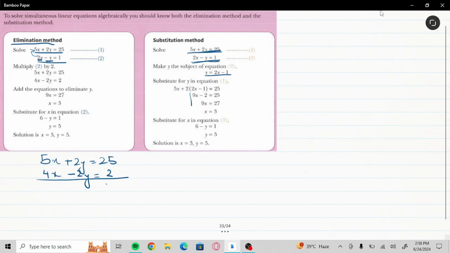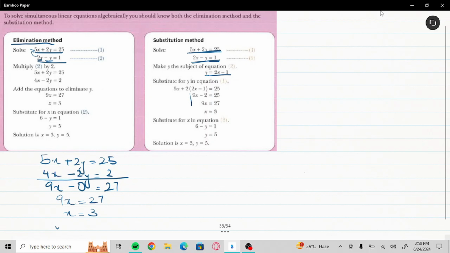So 25 plus 2 is 27, and positive 2y minus 2y is equal to 0, so we write nothing. And 5x plus 4x is equal to 9x. So 9x is equal to 27, and x is equal to 27 divided by 9, which is equal to 3.